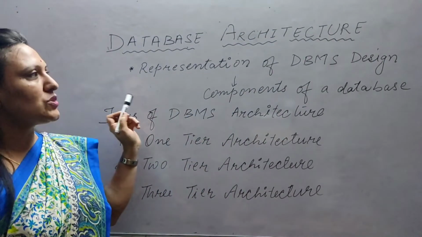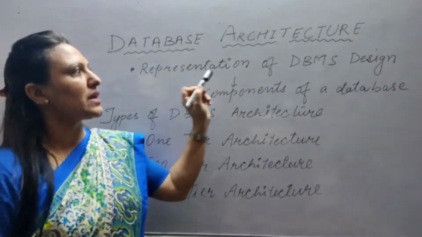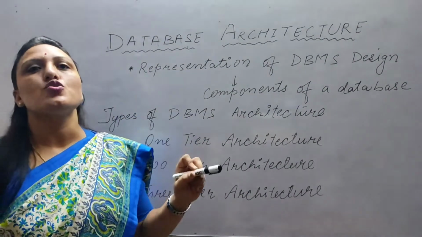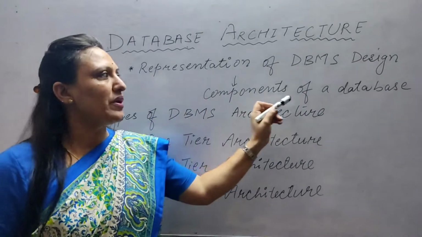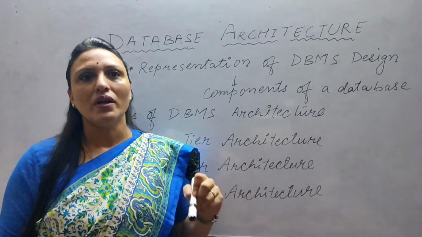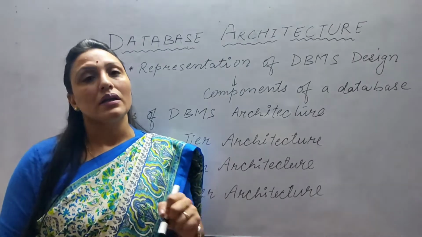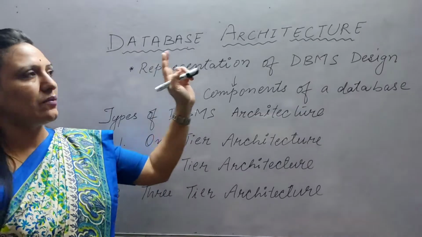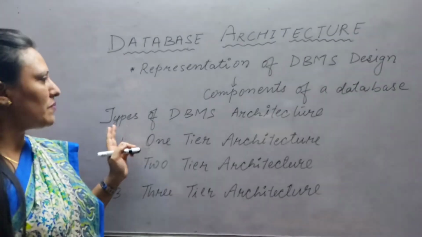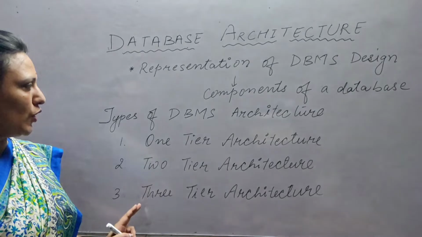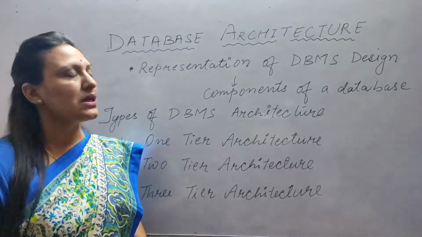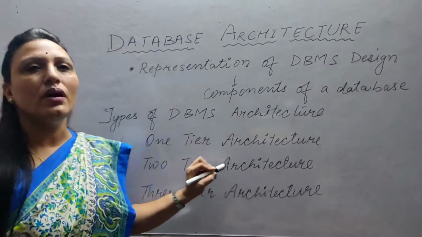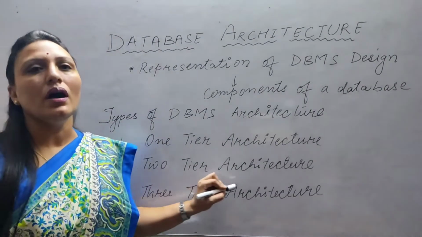So architecture is a representation of DBMS design which will explain the components of a database. The basic components available in the database will be represented through a design called database architecture. Students, there are basically three kinds of architecture available for the database: one-tier architecture, two-tier architecture and three-tier architecture.